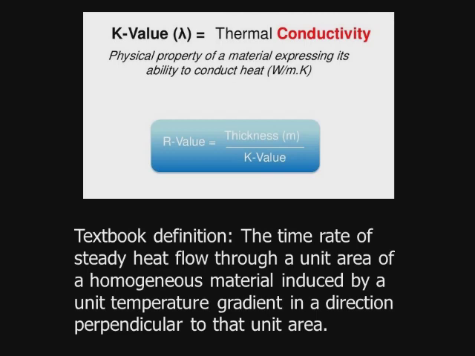Big words, fancy description. Basically, it's saying that if you have a difference in temperature between two sides of a material, heat is going to look to flow from the hot side to the cool side. And the K value describes how well this material will conduct heat through it.